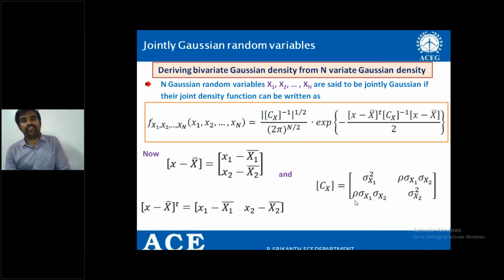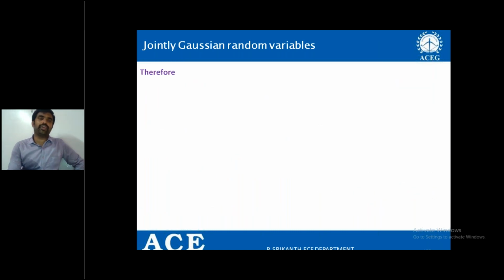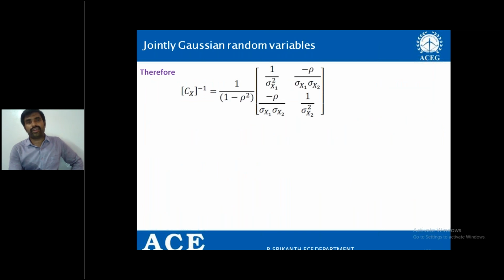So if I substitute these in the above expression, before substitution we need to calculate some more terms. Cx is known, but we are supposed to calculate the inverse of Cx, that is Cx inverse. How to find the inverse of a 2 by 2 matrix? First, we need to find the determinant.